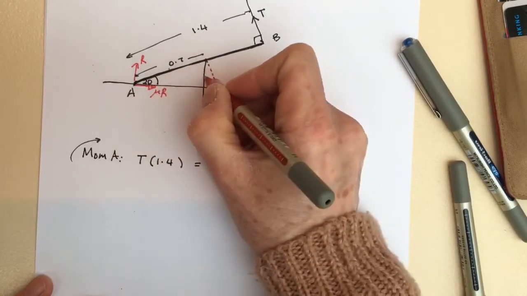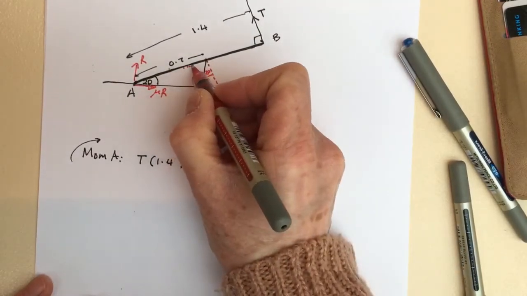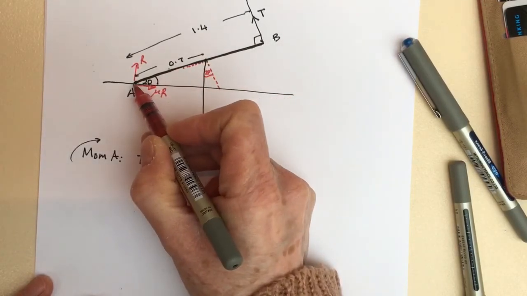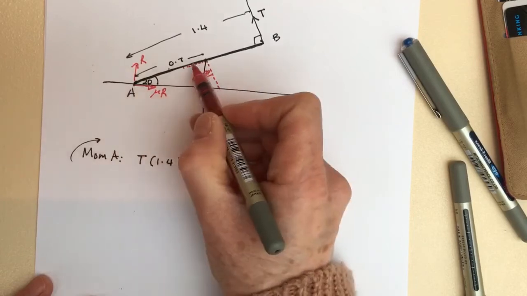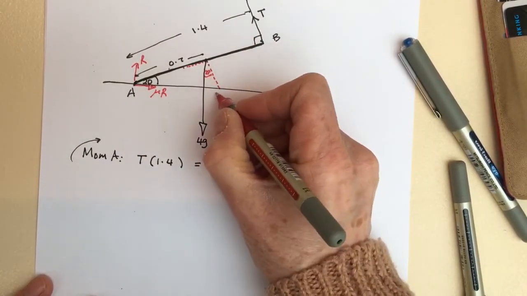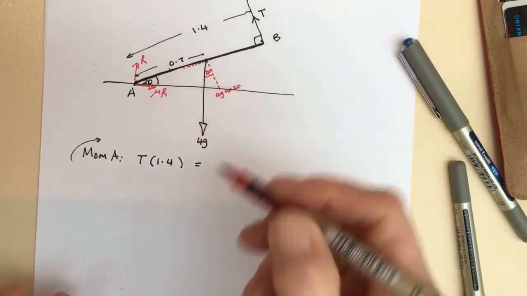Now, if that's 20, this angle here will also be 20. We've obviously got another component here of it, but this would go straight through the point that we're taking moments about. So this component will have no effect. So the only one we need to look at is here, and that would be 4g cos of 20.